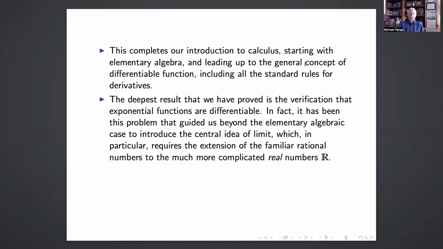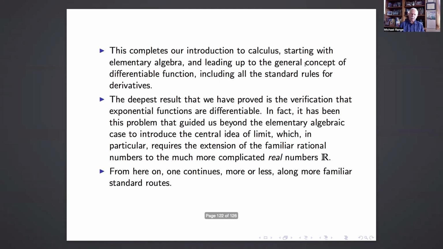In fact, it has been this problem that guided us beyond the elementary algebraic case to introduce the central idea of limit, which in particular requires the extension of the familiar rational numbers to the much more complicated real numbers. From here on, one continues more or less along more familiar standard routes.